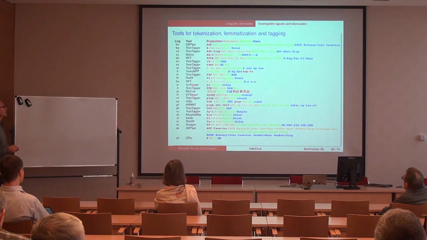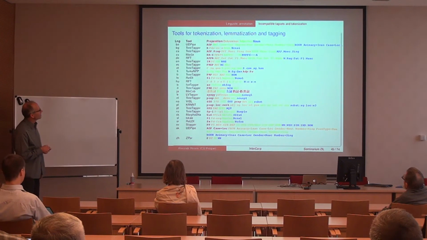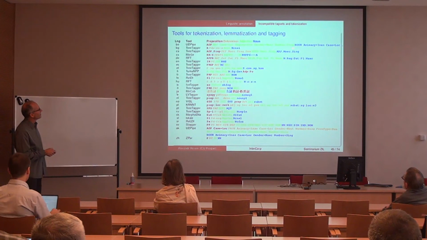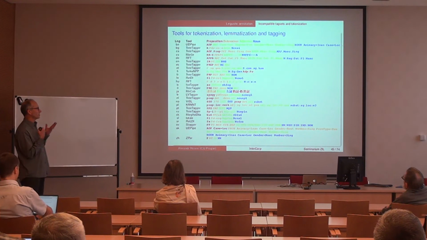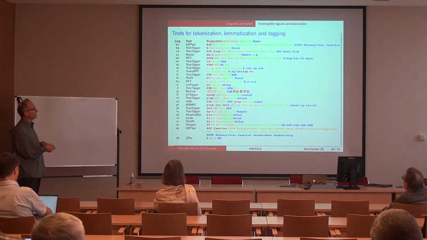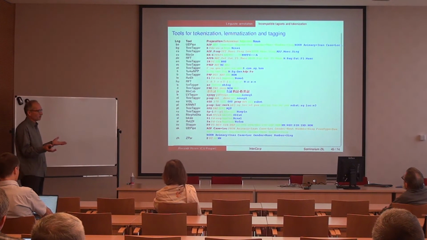So this is the list of tools that we have so far, and you can see here how differently the tags look. Everything here is about a prepositional phrase, even in languages where you do not have prepositions, so some equivalent of a prepositional phrase, maybe adpositions for Finnish.